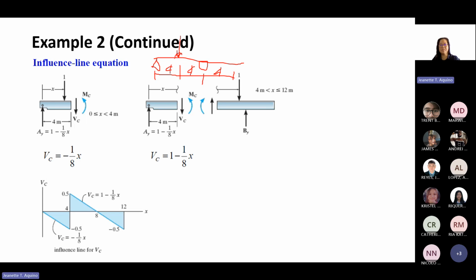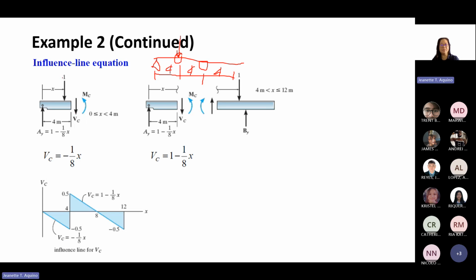This is point C. On the left of point C, we resolve the shear and the forces. So we have a shear downward on the left, and then moment at C counterclockwise.